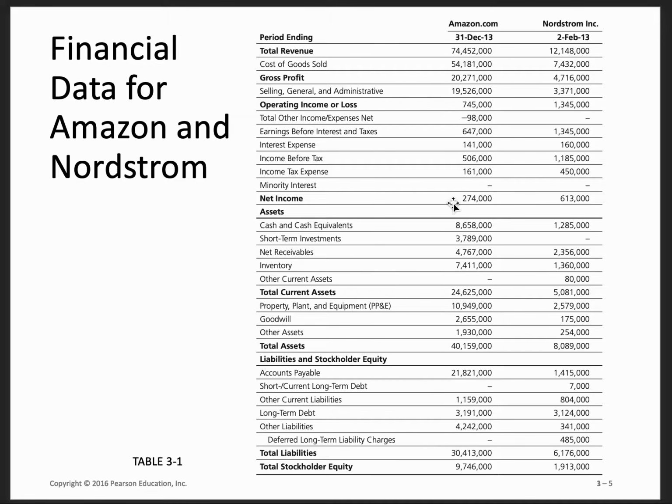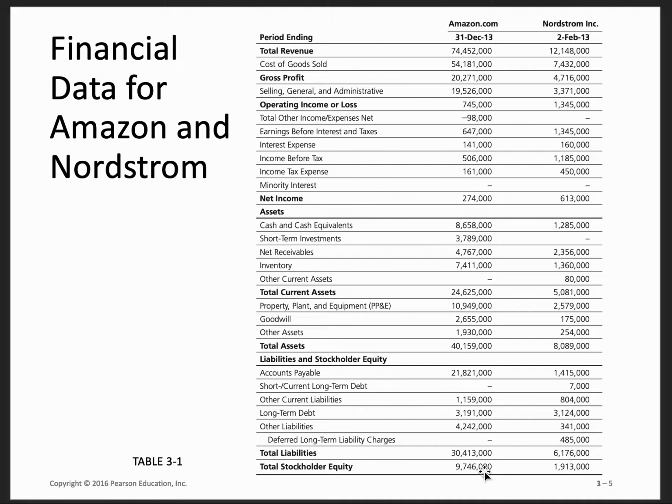Net income for Amazon is $274,000 divided by the average shareholder equity. Looking at liabilities and shareholder equity, total shareholder equity is 9.746 million. Remember that this is pretty old data, from 2013. So the return on equity for Amazon in 2013 would have been 274 divided by 9.746 million.